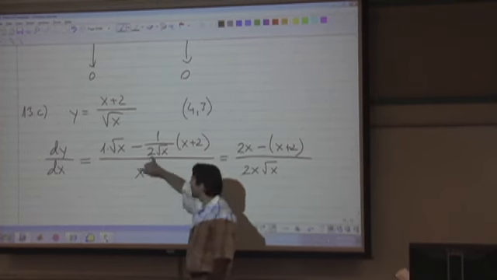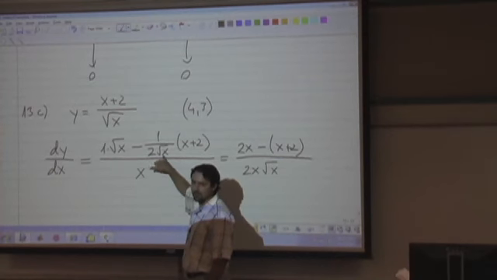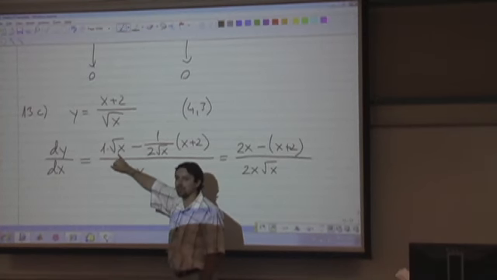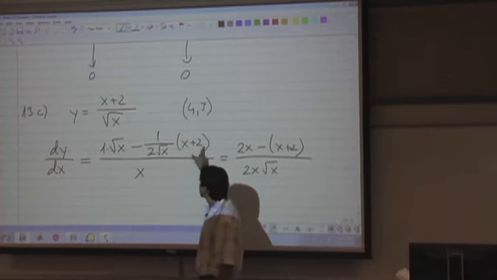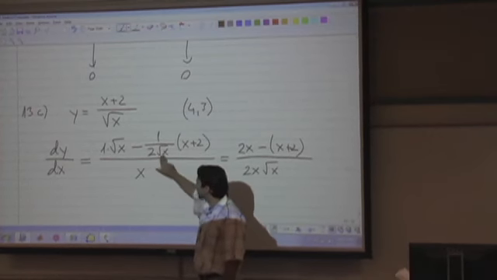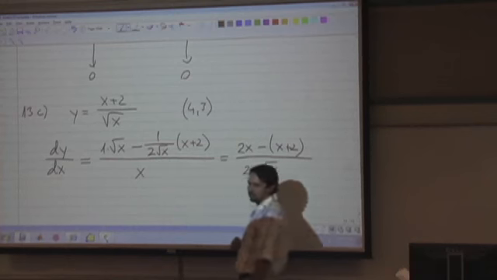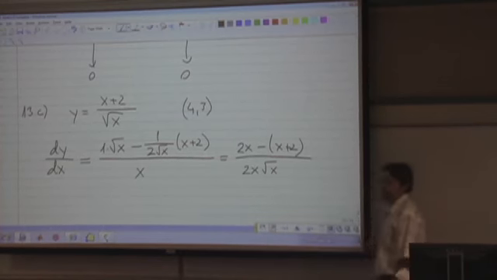The least common denominator is 2 times the square root of x. When you multiply the first term by 2 times the square root of x, it ends up being 2 times the square root of x squared, which is just 2x. Right? So I have 2x minus the quantity x plus 2, divided by 2 times the square root of x times x. Yeah?